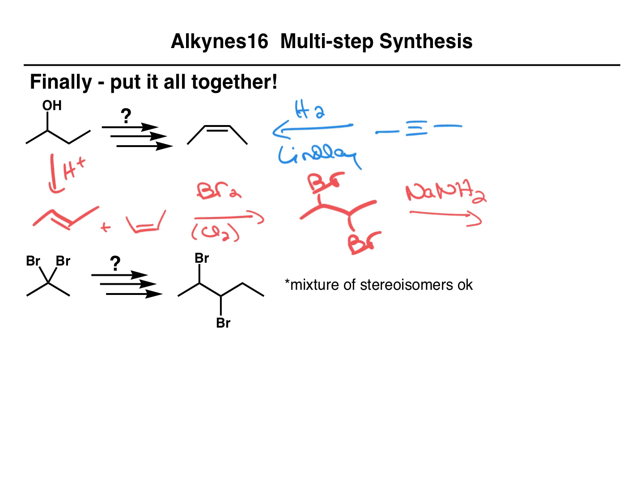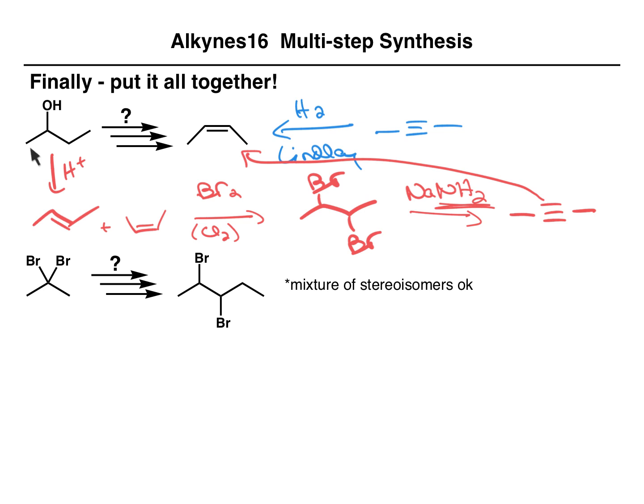Remember, we've got the NH2 minus, very strong base. This will do a double dehydrohalogenation to give the alkyne. And then once we have the alkyne, this is where we can carry out the reduction using hydrogen and Lindlar's catalyst to give the cis alkene.